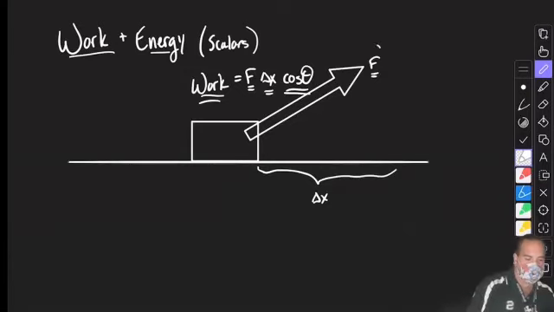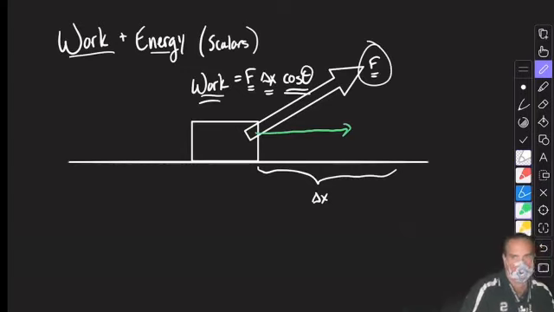If I look at this force, only part of it was used to move the object. The part that was this way moved the object. So only it is part of the calculation. The part of the force that pulled upwards didn't move the object. That's why there's a cosine here.